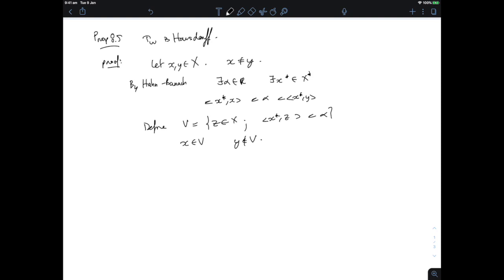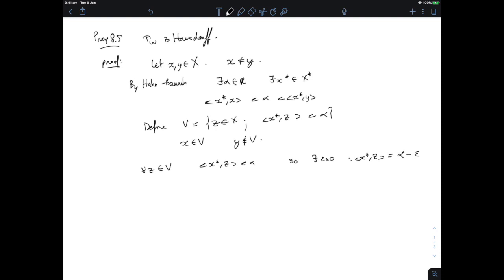and now I want to show that V is an open set. So for any z in V, what have I got? I've got that <x*, z> is smaller than alpha, so there exists an epsilon such that <x*, z> is alpha minus epsilon. Now, if I look at the neighborhood V_{epsilon/2}(z, x*), then what have I got?